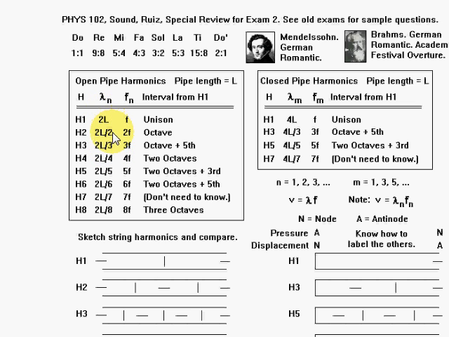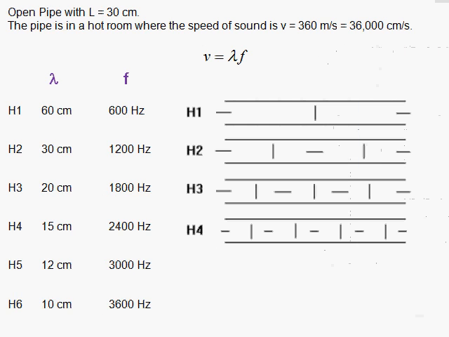See, here you take 1/2 of the first, 1/3 of the first, 1/4 of the first, 1/5 of the first to do your wavelengths, because your wavelengths get shorter and shorter. So if we take 1/3 of the first, we get 20 centimeters. Always remember that the longest wavelength is your fundamental, and as you go up in the harmonics, the wavelengths get smaller and smaller, just like when we shook the spring in class, or that string.